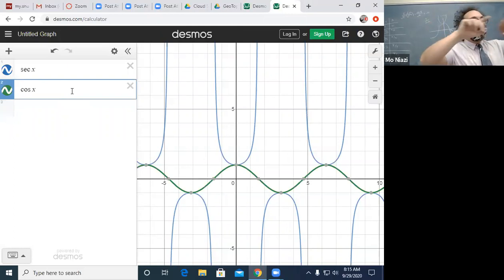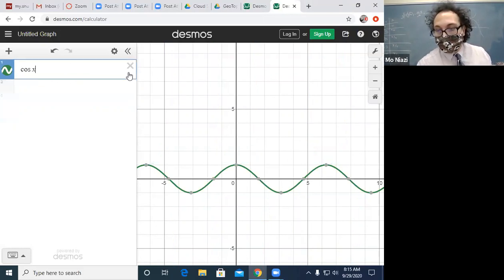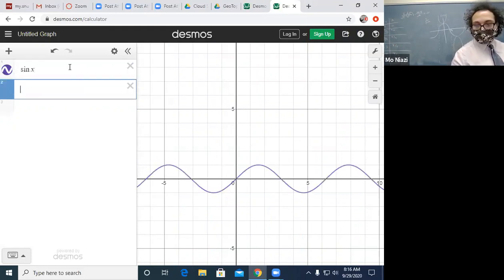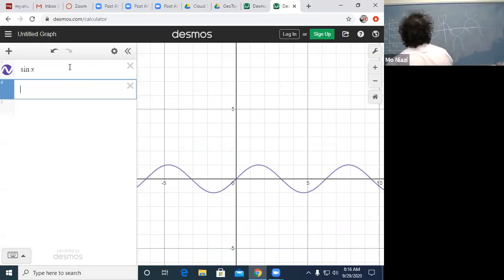Oh, it's like on the tops of the wave, and it's just doing that, and that's just because of this. The reason the secant function looks the way it does is because that's what happens when you plug it in for various x or various theta. That's what the outputs are. Very similarly, can we do this for the reciprocal of the sine function?